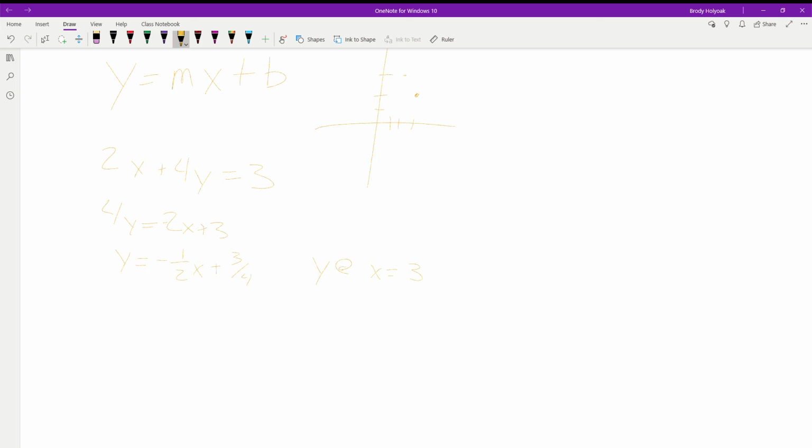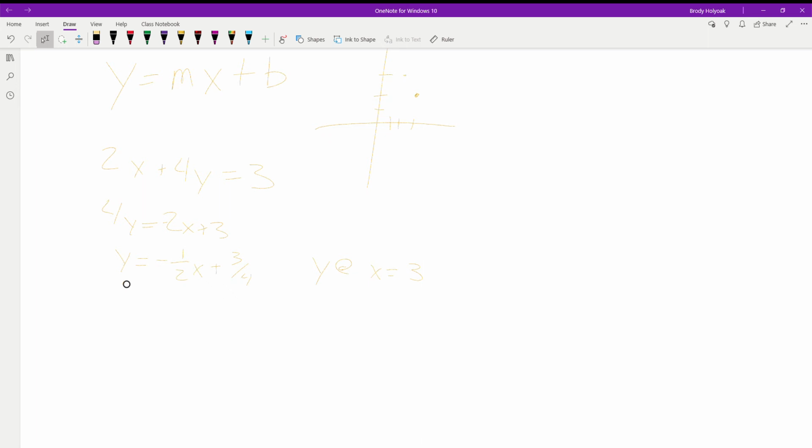Is it going to be (3, 0)? Negative 5/4, because you plug in your value for x and solve for the y coordinate. Again, you have two variables, you're given one of them, you can solve for the other one.